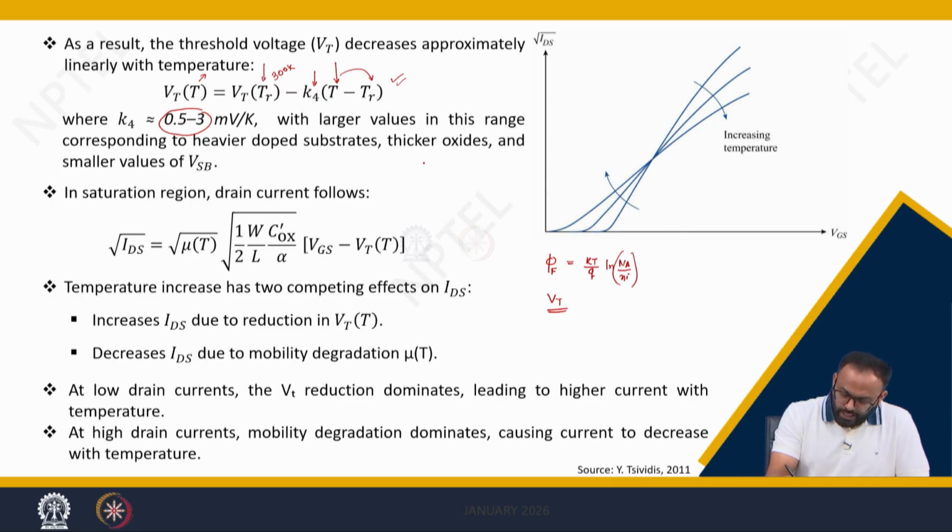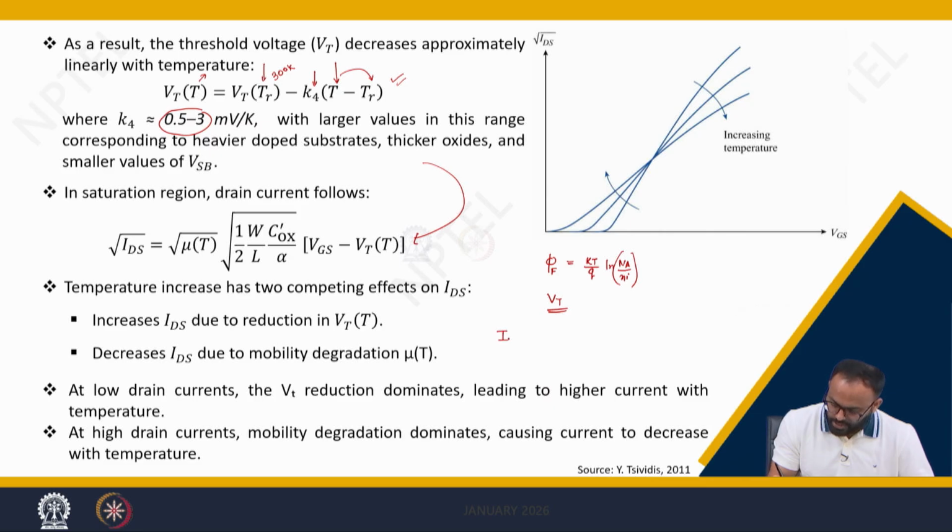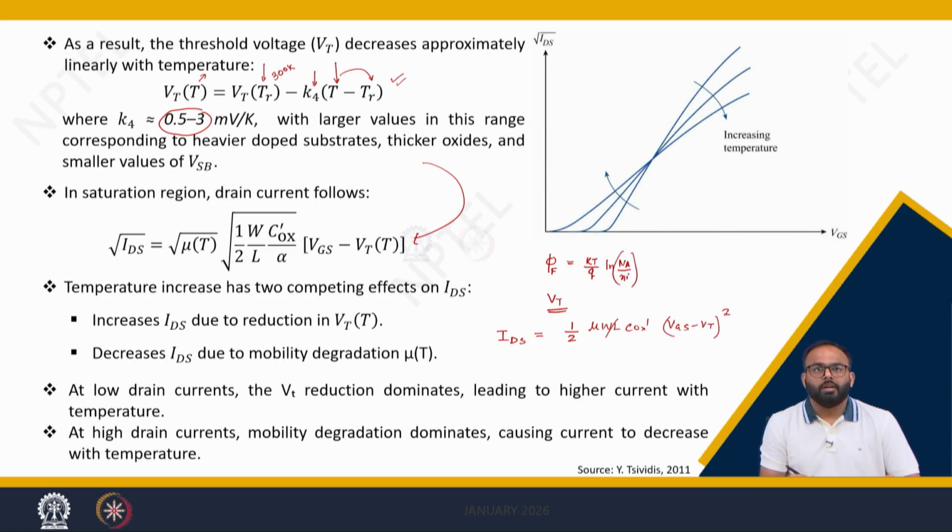Now, I can rearrange this equation and see how temperature affects the current equation of the MOSFET. In general, we have derived this equation as ID equals 1 over 2 mu into W divided by L into COX dash into (VGS minus VT) square in saturation.